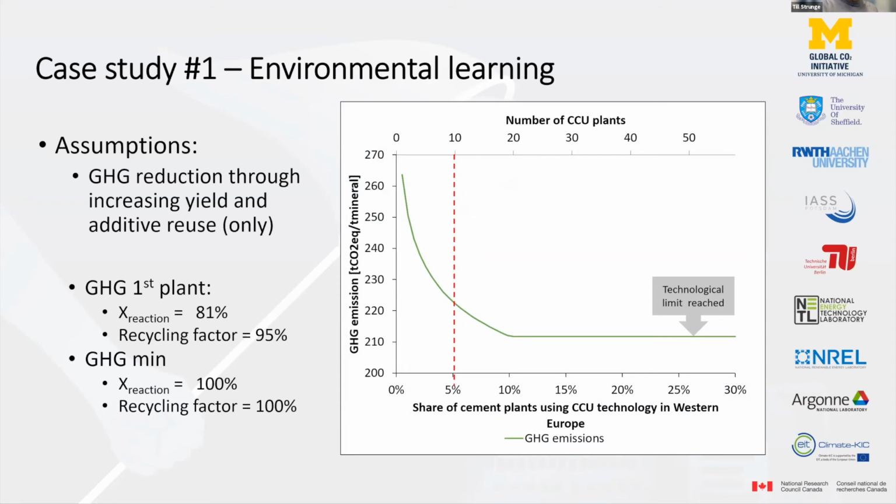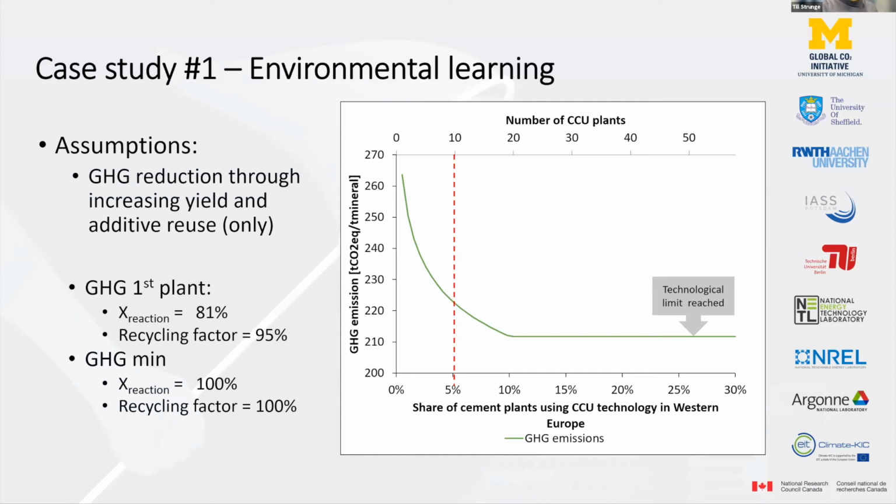And then with this approach, you can also see the greenhouse gas emission reductions that you would get through the technology learning. We would see here that at 10 plants, we have an emission reduction of 40 tons CO2 equivalent per ton of mineral. And we would reach our floor already at approximately 20 plants, which was our nth-of-a-kind estimate before.